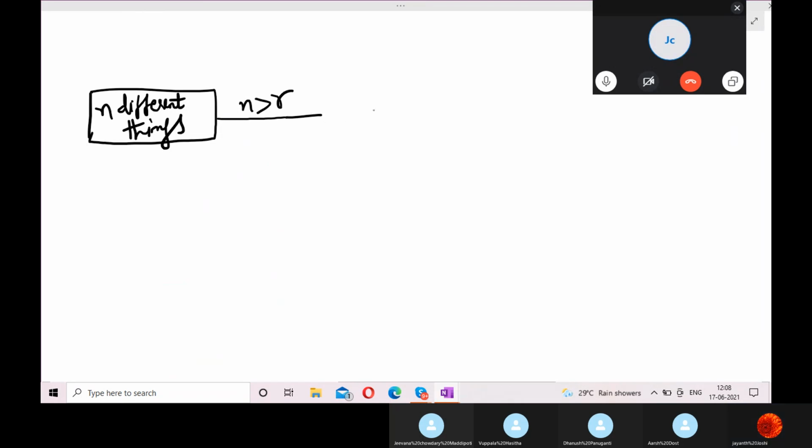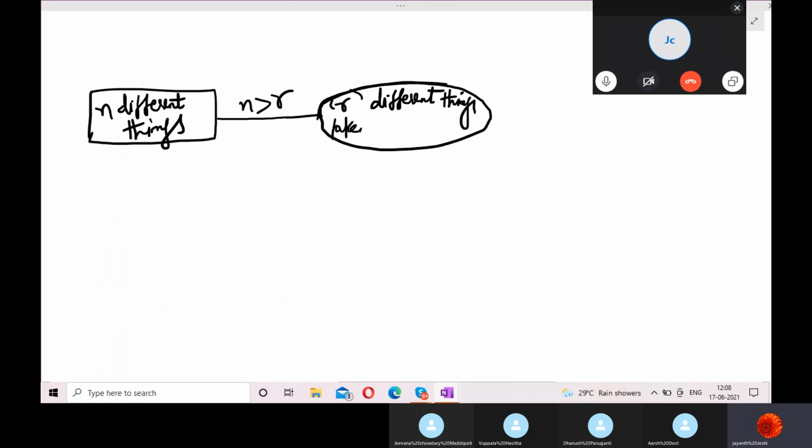Now the n different things are taken r at a time for each arrangement. So what will you get? The total number of such arrangements.